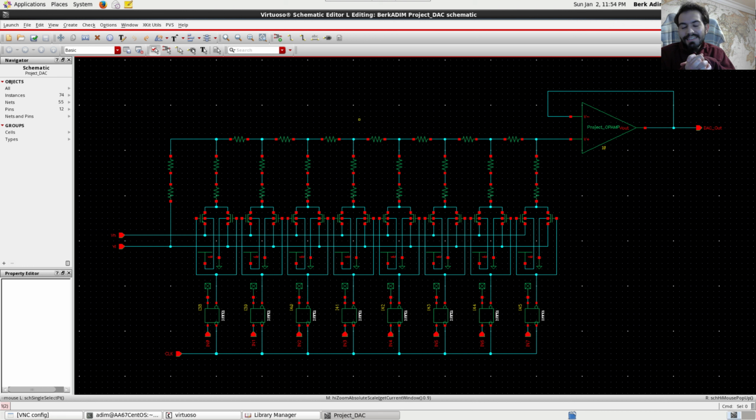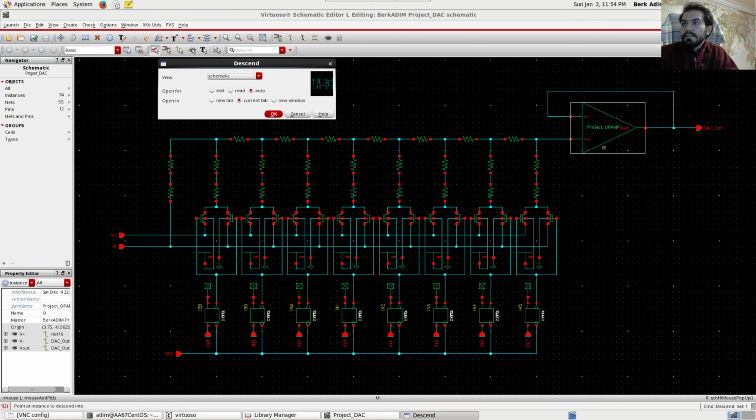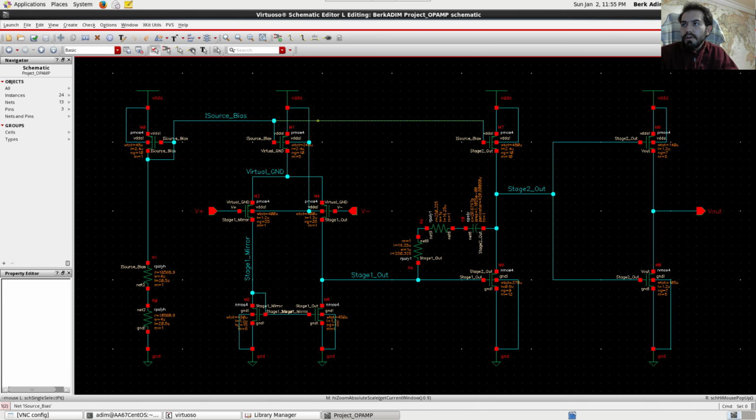What's the challenge in designing that? It's a standard topology after all. Well, in the next 5 minutes or 3 minutes or so, I will tell you all about the challenges in the design. Let's go over the op-amp first.